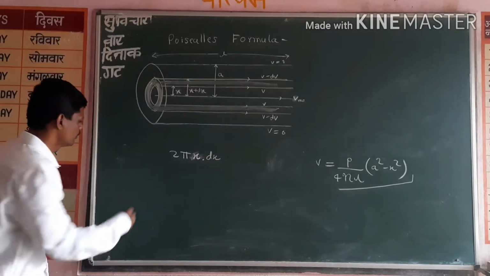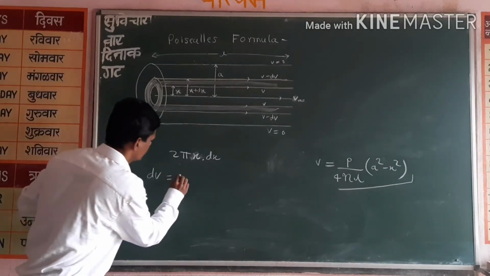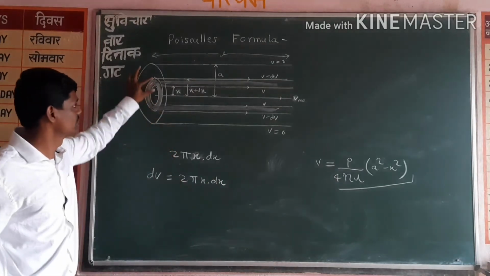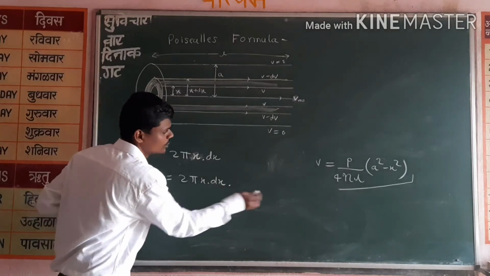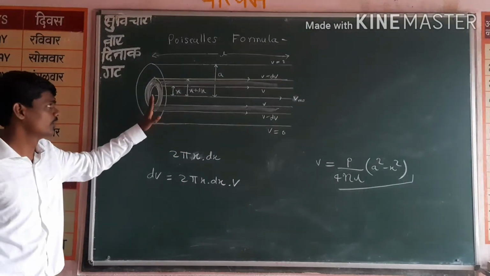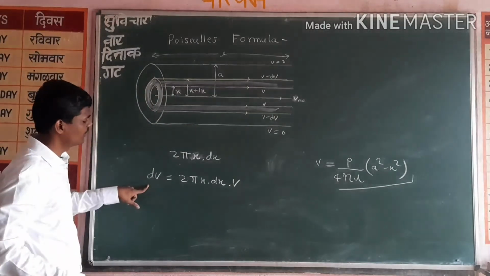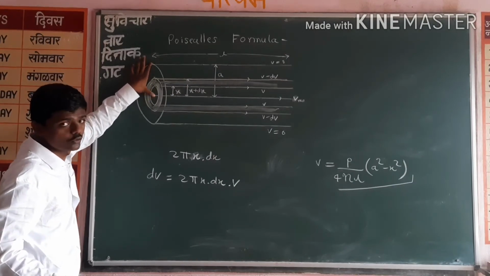Now the volume flowing through this is dV = 2πx dx, that is the area of cross section, this total area, times the velocity. So we get the volume passing per unit time. Now if we integrate this volume, we will get the complete flow through this capillary.